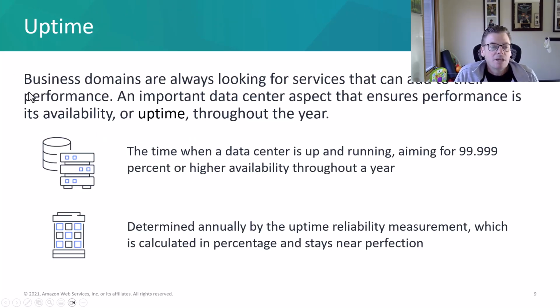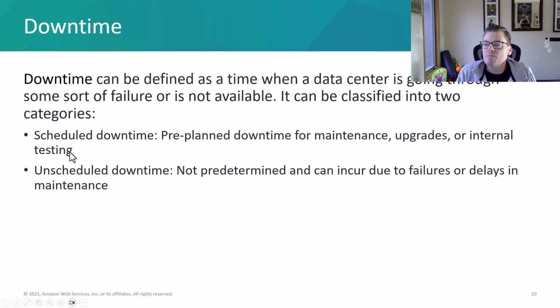All right, so let's take a look at what uptime is. So uptime is the time that your data center is up and running. Again, it tells us that we're looking at 5 nines of availability or higher. And it's going to be an annual calculation. Basically means what time is it up and running or available all year. Whereas downtime is going to be the opposite of that.